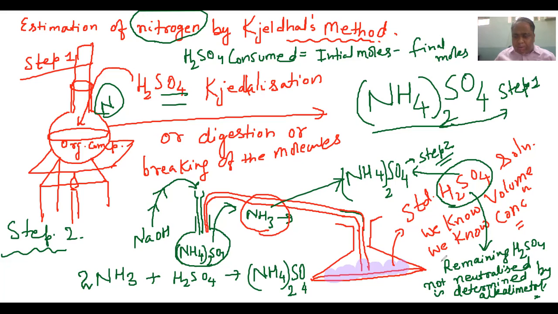From here we can find out, and that will give us twice of that. As much of H2SO4 will be consumed, twice of that will be ammonia. Now using this method we can find out how much ammonia is there and how much nitrogen is there. Let us see how.